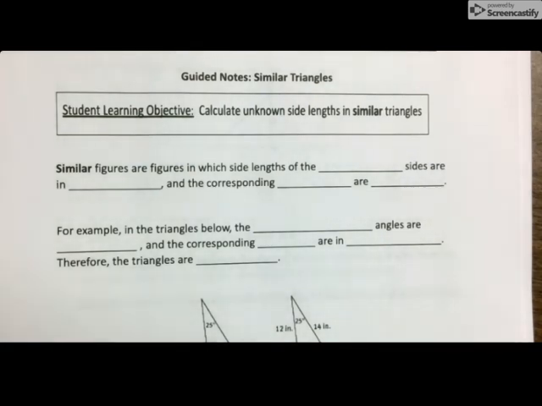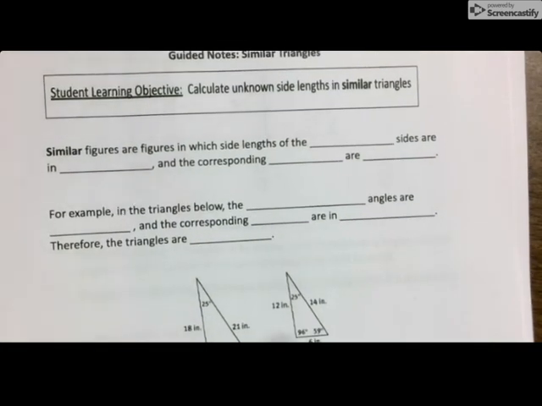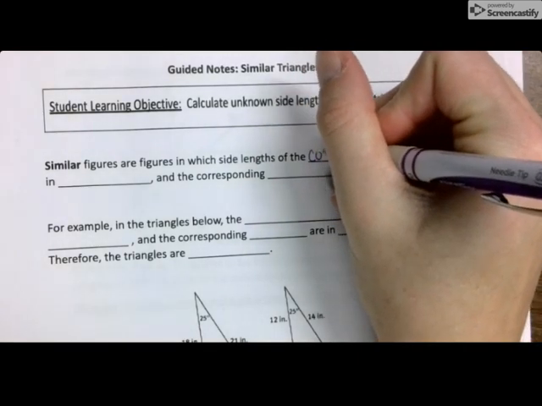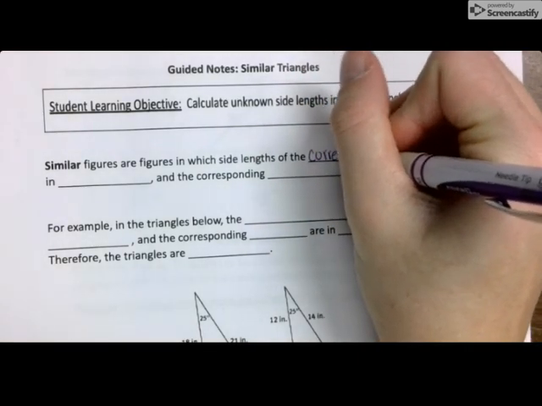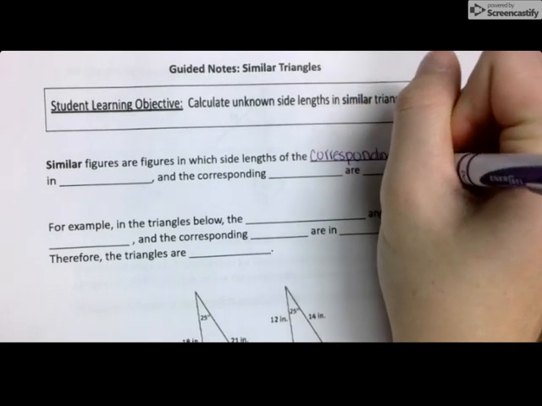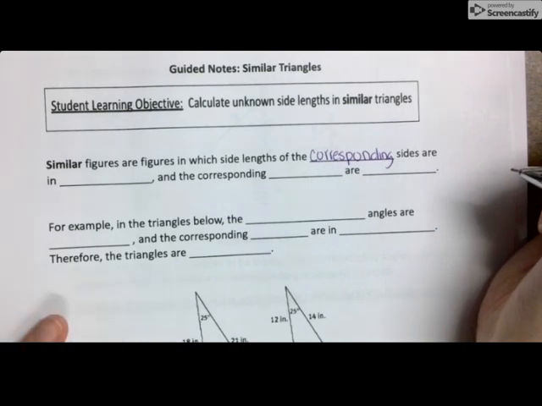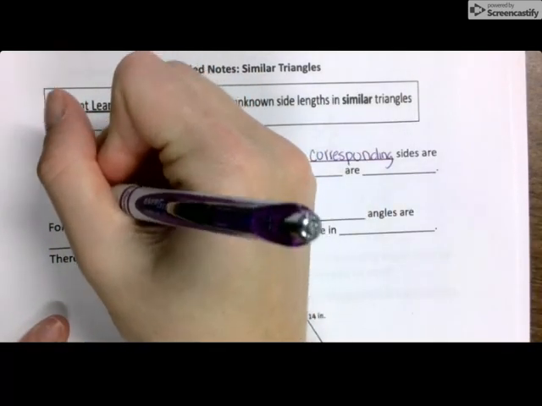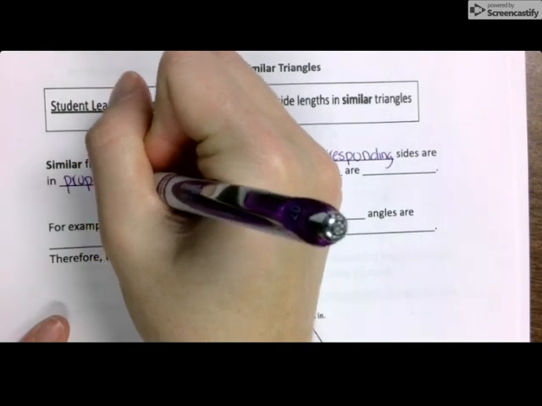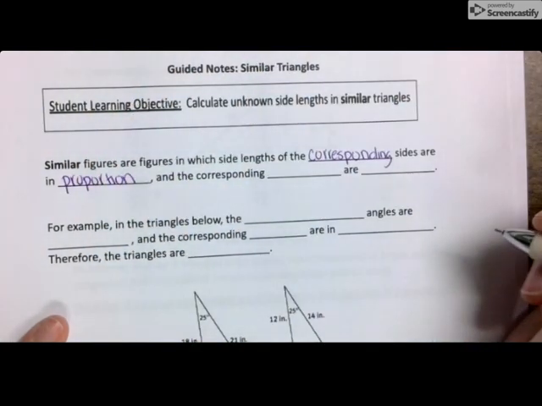So similar figures are figures in which the corresponding sides are in proportion to one another. Okay, so that means that their fractions are equivalent.